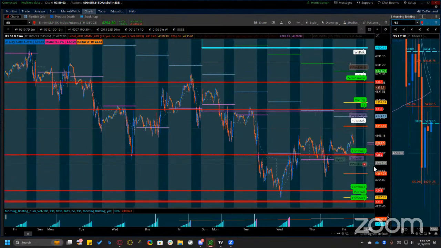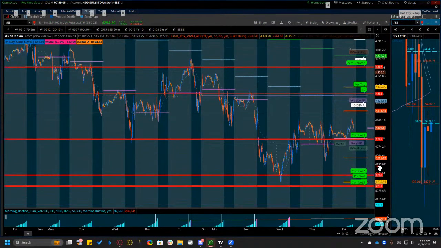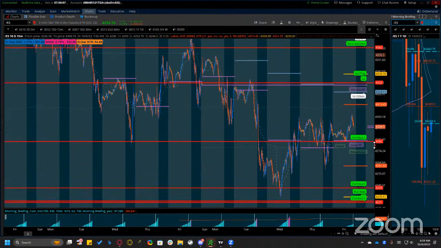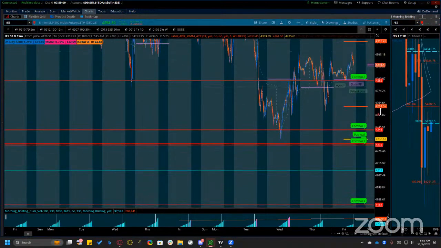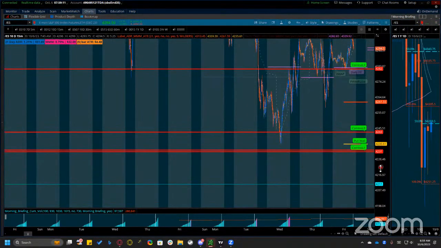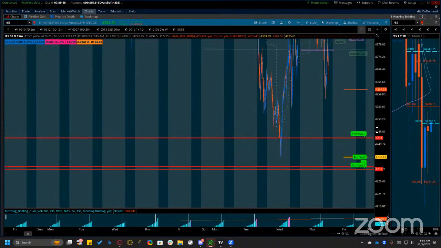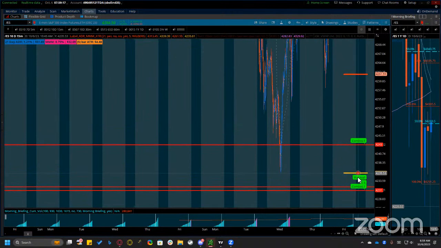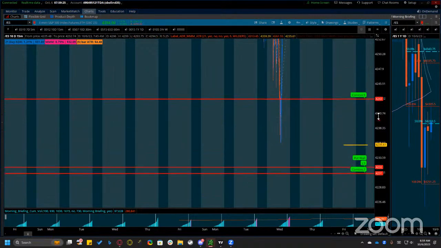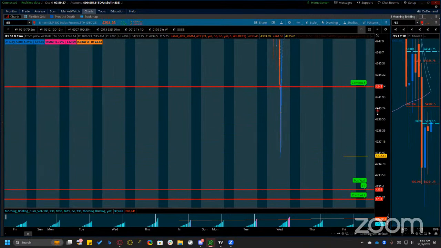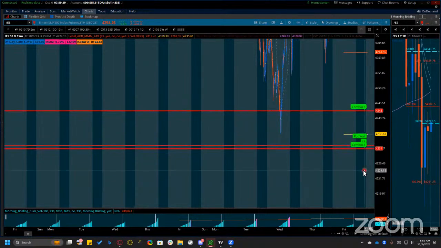I added the spot gamma level today just to bring in some of their levels, because we've got the potential to make some sweeping moves. The put wall is down here near the ADR low. It's actually below the ADR low. 42.35 is the ADR, and the put wall is below that: 42.32, which is the cog line.